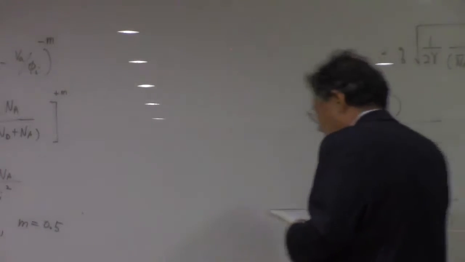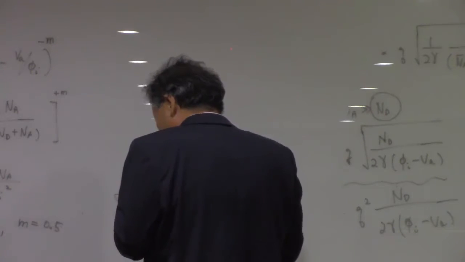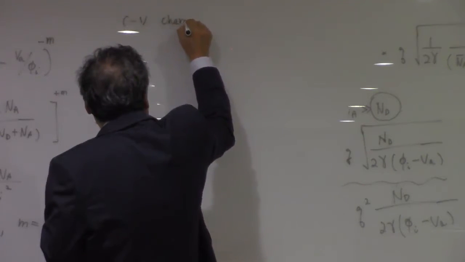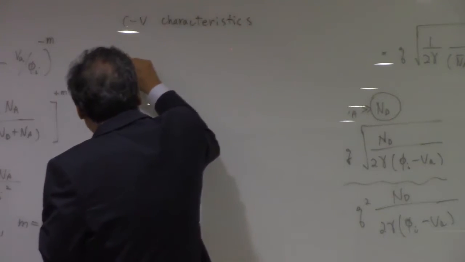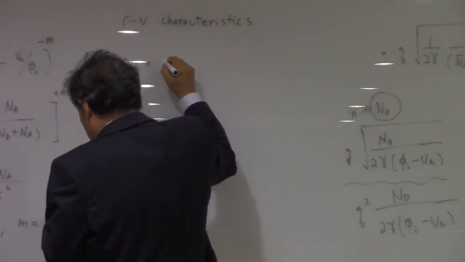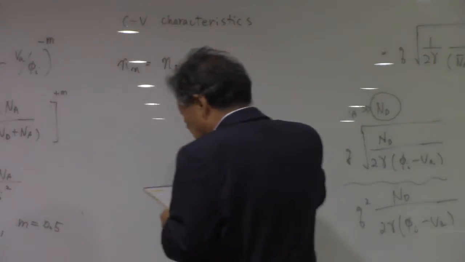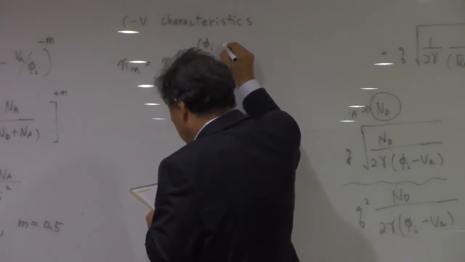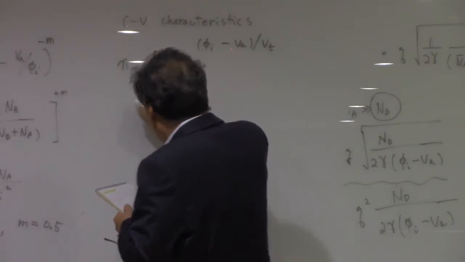Now, let me just discuss the CV characteristic. And let's define some of the designations, like Pp e to the (phi_i minus Va) over Vt.